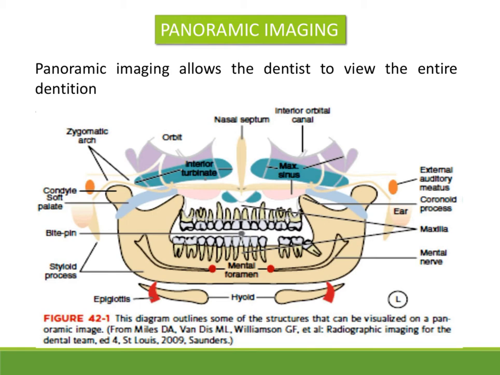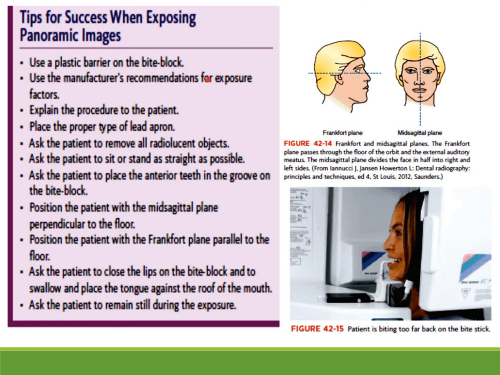And you know that there are some guidelines which you have to follow regarding the mid-sagittal plane, the Frankfort horizontal plane, or you can say the canthomeatal line. Also, the biting of the patient on the bite block, making the patient hold on the support arms, the headrest, the chin rest, all these components, as well as the patient's position standing straight with the neck erect, all of them will help us to get a good image on the radiograph.